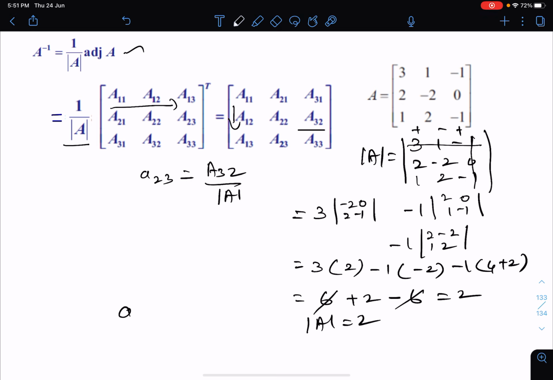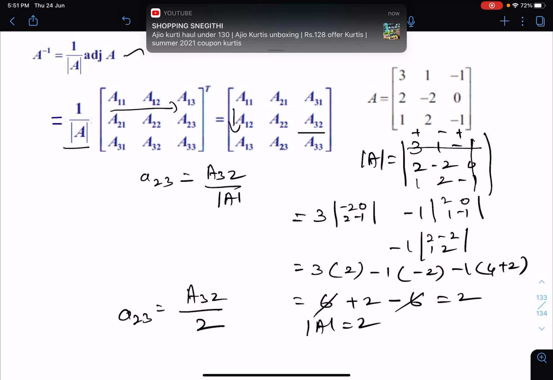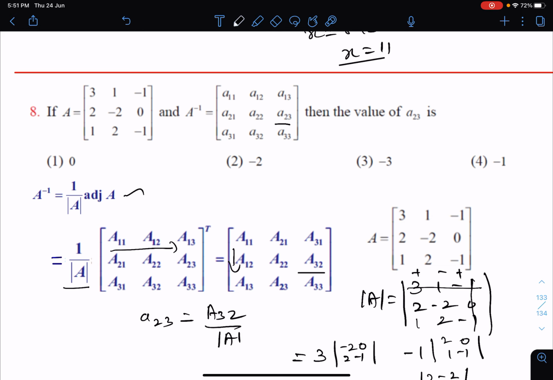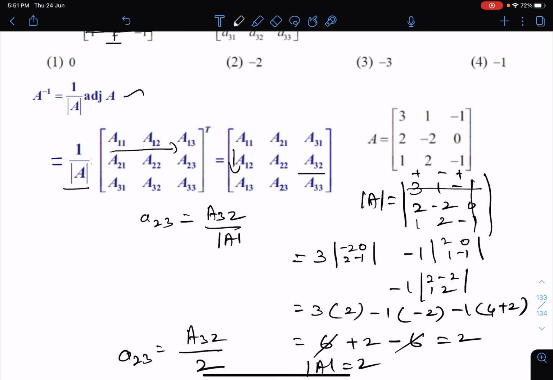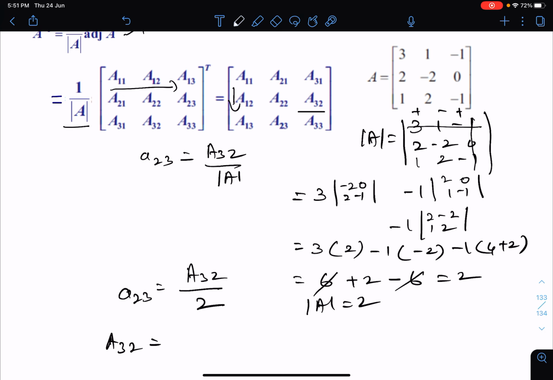Substitute here. So A23 equal to A32 by determinant A. What is our A32? It is the cofactor of the third row, second element. So you are going to delete this row and this column. What is our A32 equal to? Deleting, what is the minor?